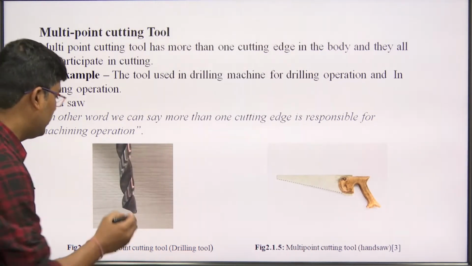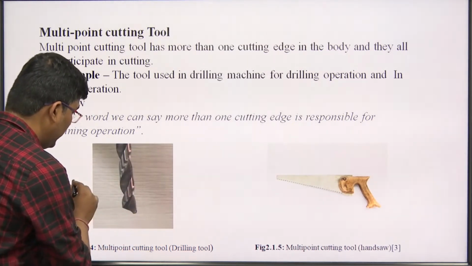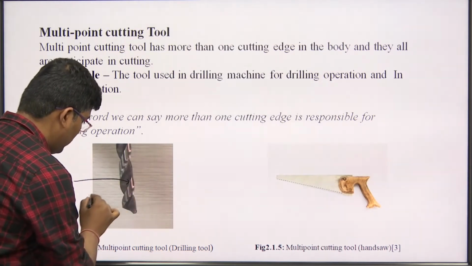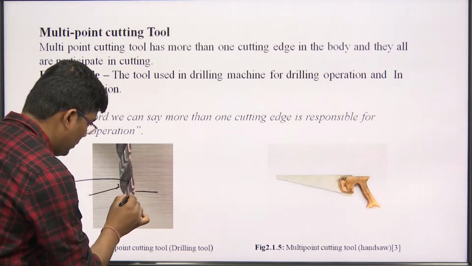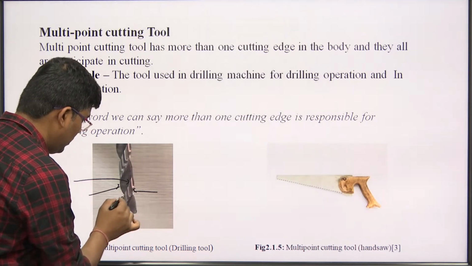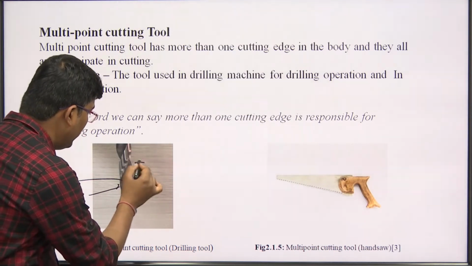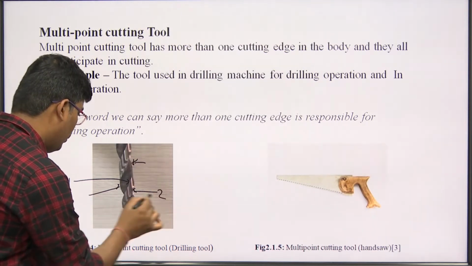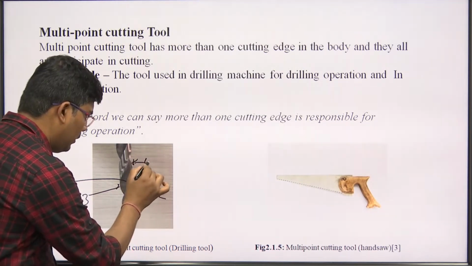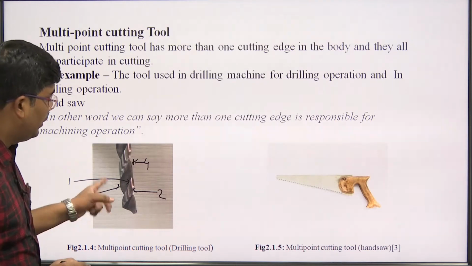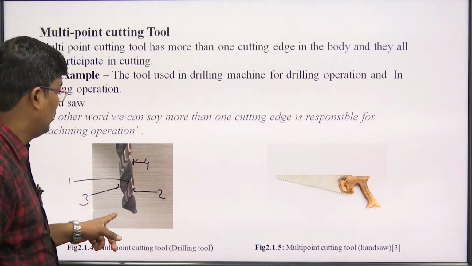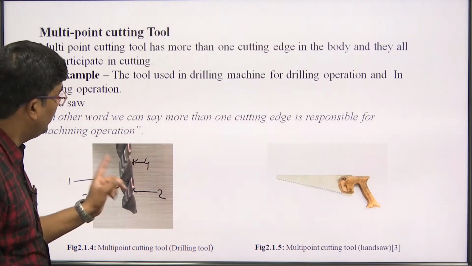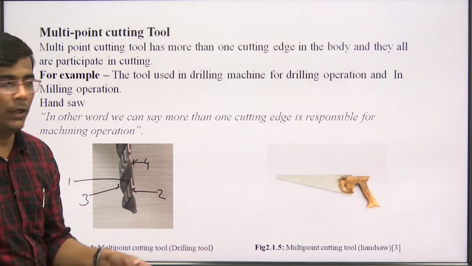You can see there is more than one cutting edge: 1, 2, 3, and one is hidden, this is the fourth cutting edge. So it is known as a multiple point cutting tool, and they all participate during the machining.